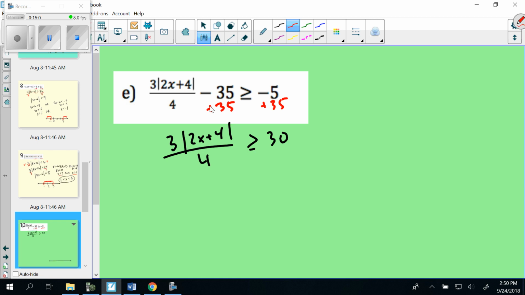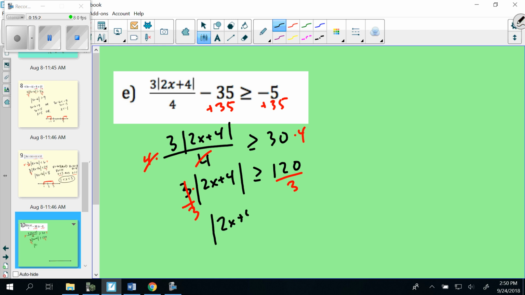Undo the steps: times by 4 to get rid of the division. Now you've got 120 over here. This is multiplying, so don't subtract here. You've got to divide by 3, and don't distribute either. So now you've got 2x plus 4, the absolute value of that, is greater than 40.